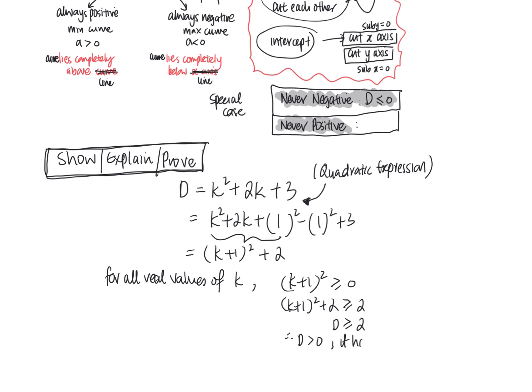It has 2 real and distinct roots. So this is the special case where if your discriminant ends up not being a number, but a quadratic expression, go and show this.